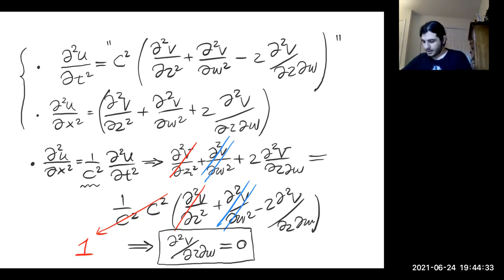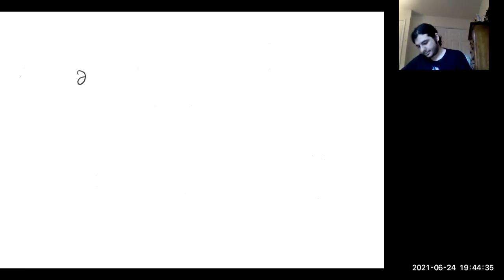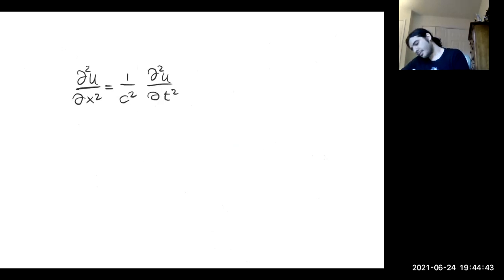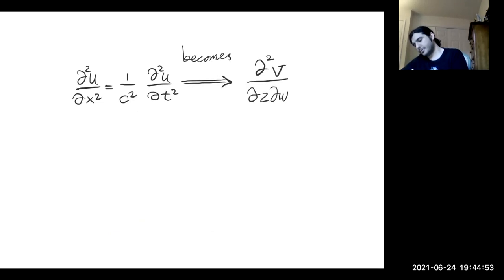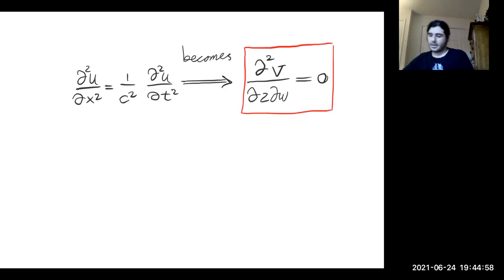So the wave equation becomes second derivative of v, z w, is equal to 0. So rather than finding u, we can find v, and then through the relation we had between u and v, we can translate that back to u.